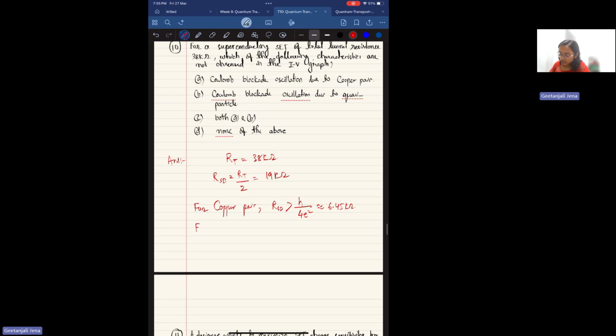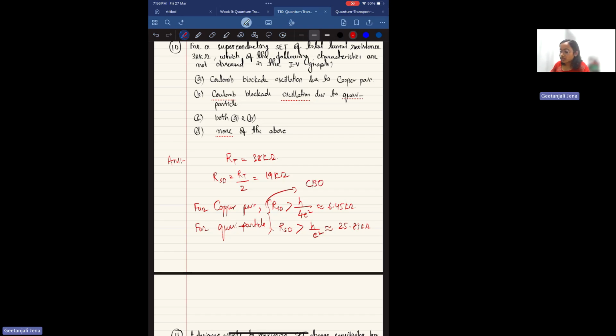And for the quasi-particle, this R_T should be greater than h by e square, which is on the order of 25.83 kilo ohm. So this tunnel resistance requirement is to see the Coulomb blockade oscillation.